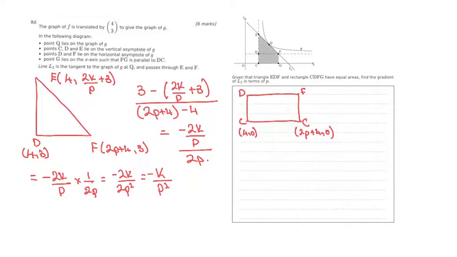We know the coordinates at this point are 2p plus 4, 3. And we know the coordinates at this point are 4, 3. That makes DC equal to 3, and it makes CG equal to 2p.